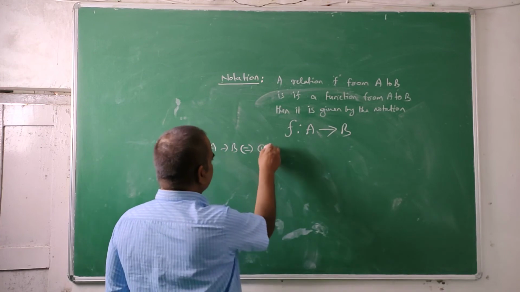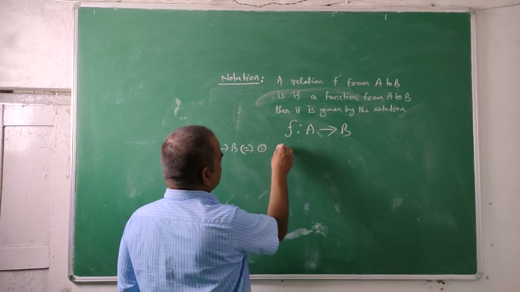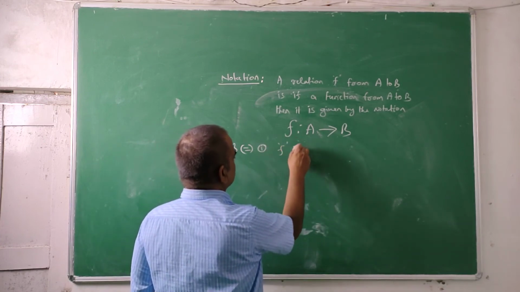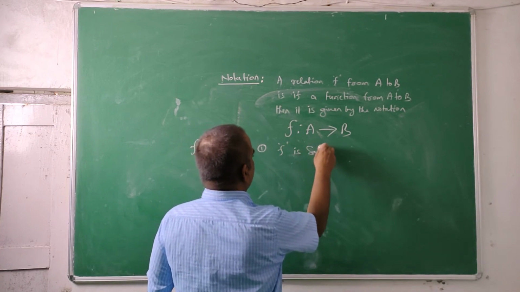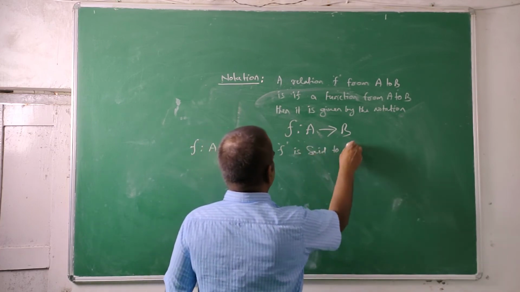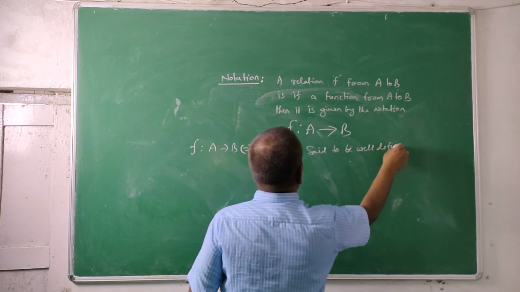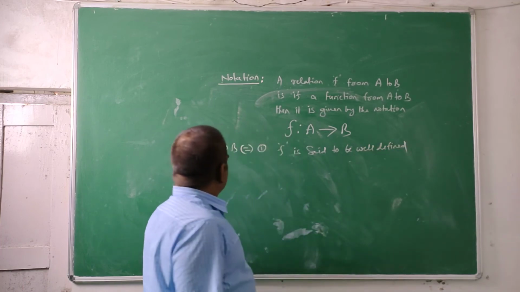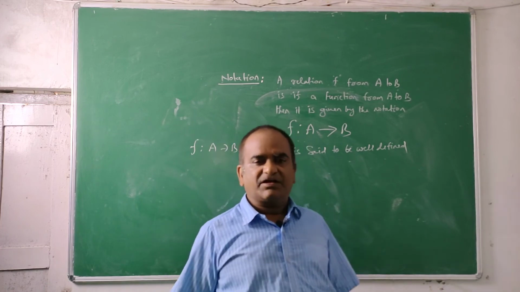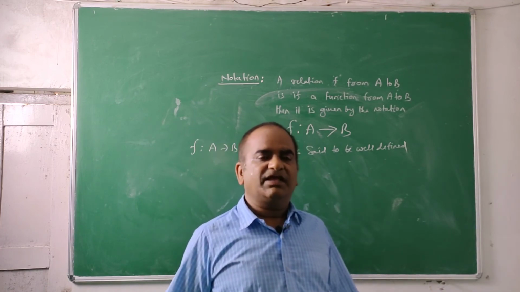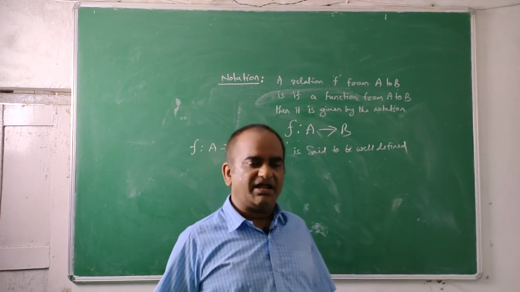Number one, in such a case F is said to be well defined. So when F is a function from A to B, then we can say that F is well defined.